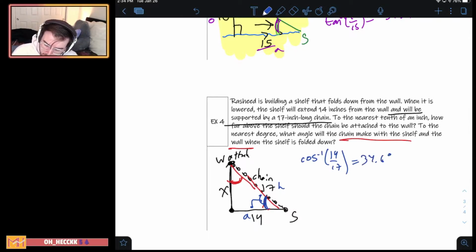So that's 34.6 degrees. Sorry, I'm getting a little sloppy because I'm rushing. Subtract from 180 to find the other angle: 180 minus 90 minus 34.6, and you get 55.4 for that other angle.